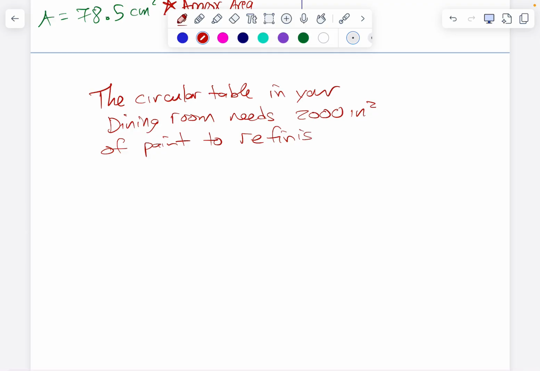Do you think refinish has a hyphen? Anyway. What is the diameter? So one minute on that.